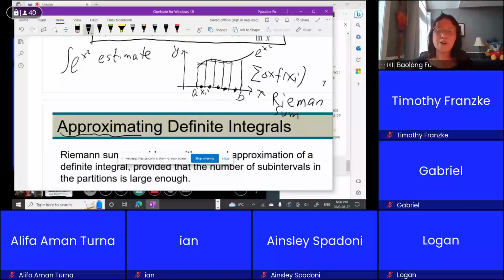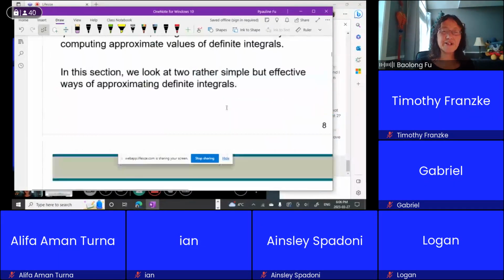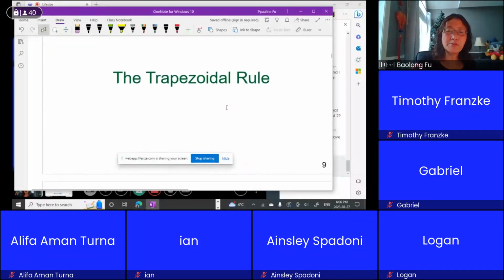It is in memory of German mathematician Bernhard Riemann. So that is what we have done so far to estimate the integration. And today we'll use another method called the trapezoid rule.